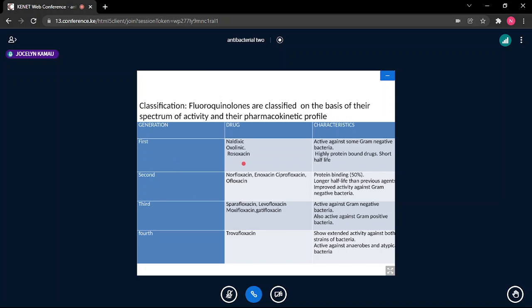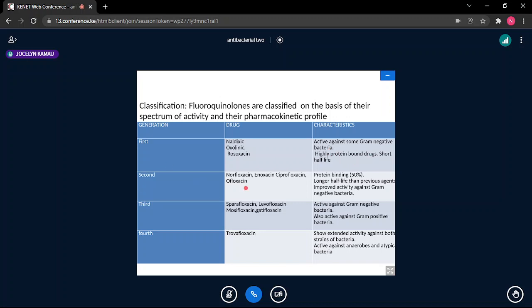We have first generation, where we have the prototype, which is nalidixic acid. We have oxolinic acid, we have lesoxacin, and all these drugs are active against gram-negative bacteria. They are highly protein-bound drugs, and they have a short half-life.